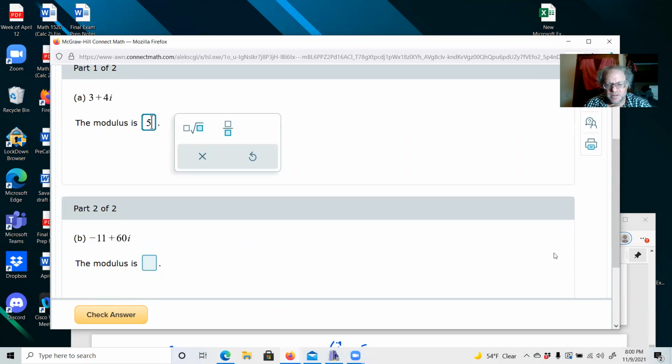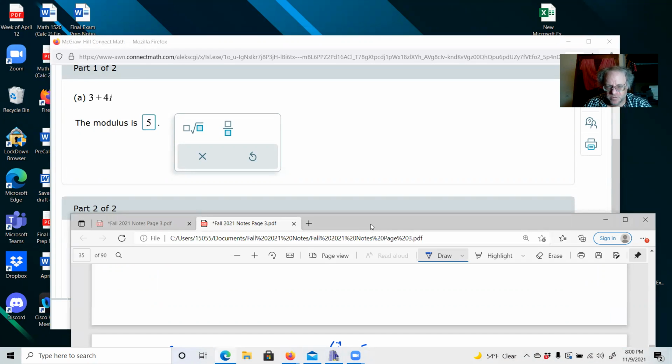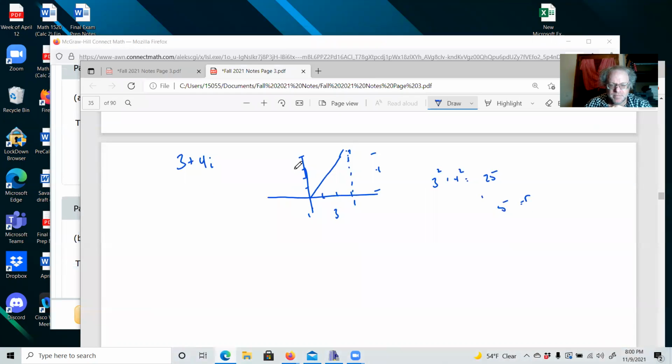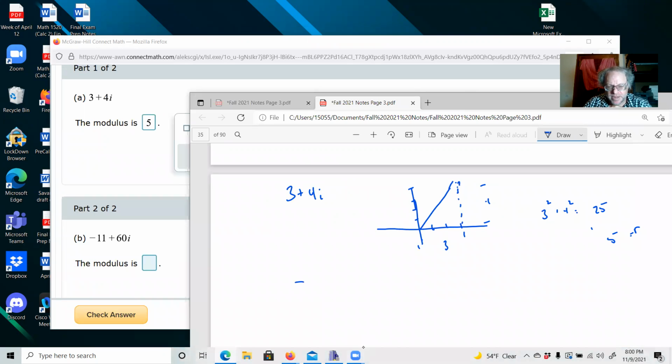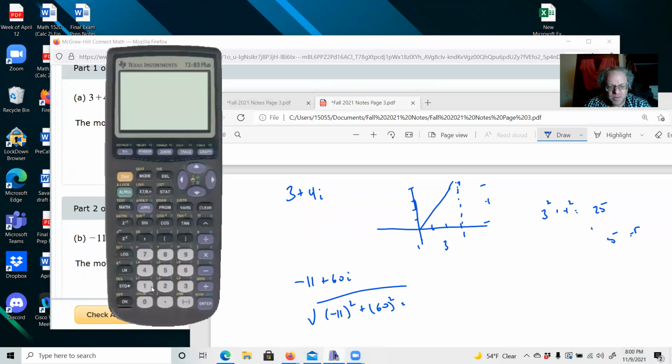Okay, this one's negative 11 plus 60i. I don't really want to graph that because it's going to be a bit longer, but with negative 11 plus 60i, we're going to have the square root of negative 11 squared plus 60 squared. So bring up our calculator. We've got 11 squared is 121.